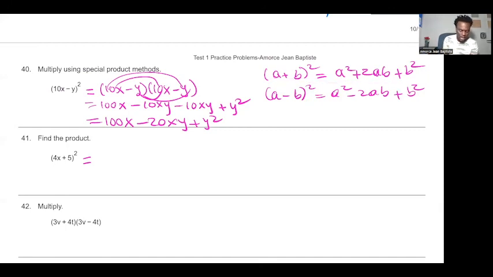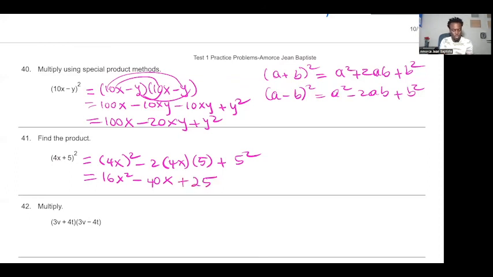So the A here is 4x, squared, minus 2 times the A again, 4x, times the B, which is 5, and then plus 5 squared, and then perform the work to get the final answer that is 16x squared minus 40x plus 25. That's the answer for you.